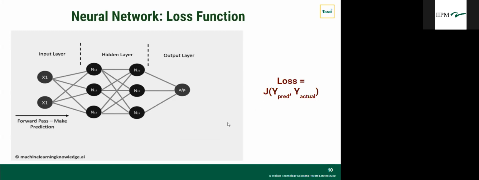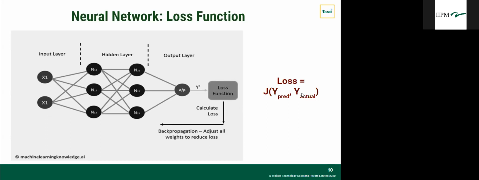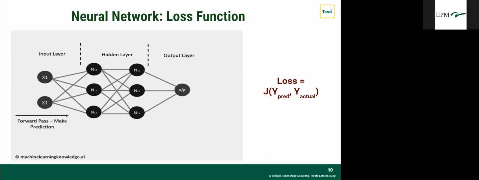If it's a classification problem, then it is the likelihood that y predicted is equal to y actual. So there are different kinds of loss functions, and you decide based on what exactly you are trying to calculate, based on the output that you want to see.